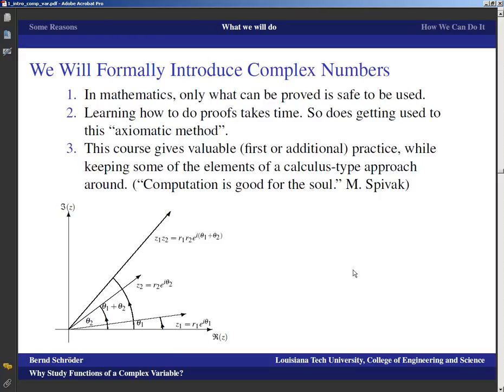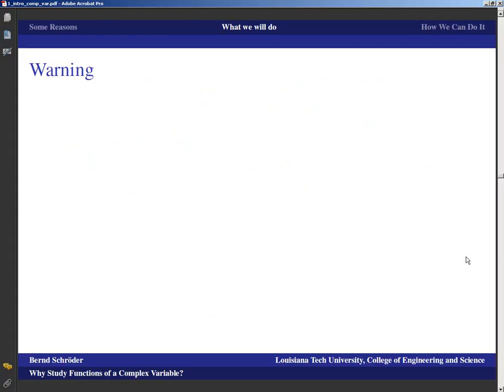So we will talk about a lot of stuff in complex analysis at this visual level, but at the same time there will also be an abstract layer that will actually take the definition of what it means to take a number of the form re to the i theta, or two numbers of that form, and we will take those definitions and work out from those definitions that the product really is obtained by multiplying the magnitudes, the radii, and adding the arguments, adding the angles theta 1 and theta 2.